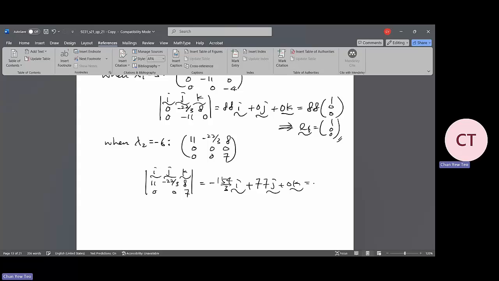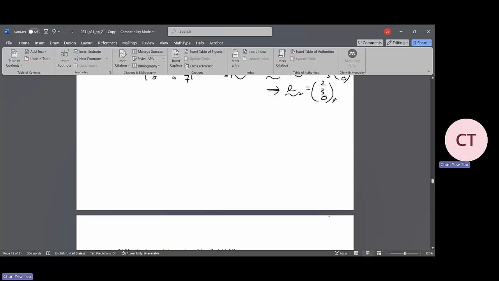So you can factorize the -77 over 3 out, and you get 2, 3, 0. Therefore, your eigenvector number 2 is 2, 3, 0. Then eigenvector number 3, when lambda 3 is 1, we place it inside.